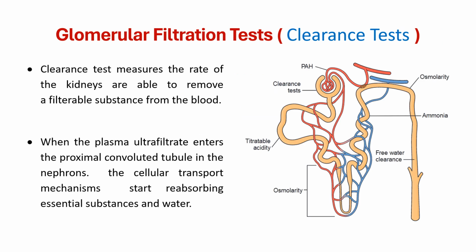Glomerular filtration tests, as we say, are clearance tests. The clearance test measures the rate at which the kidney is able to remove a filtered substance from the blood or from the plasma. When the plasma ultrafiltrate enters the proximal convoluted tubule in the nephron, the cellular transport mechanisms start reabsorbing essential substances and water.